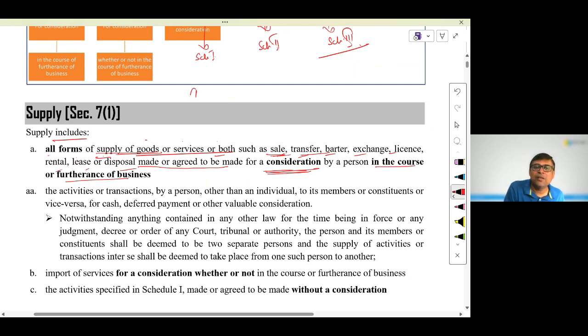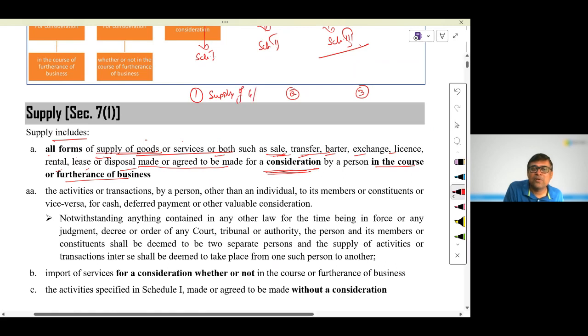Ideally, there are 3 requirements this section suggests to identify a particular activity as a supply. We are required to check: number 1, it is a supply of goods or services or both.